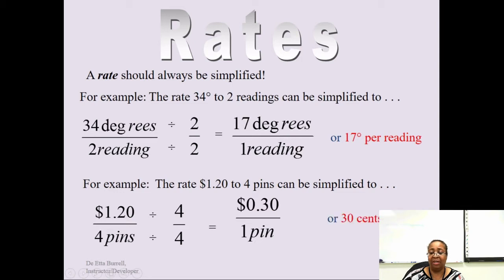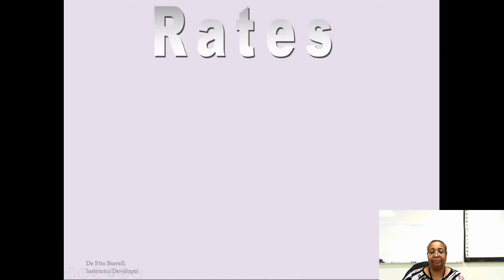And we would actually say it as 30 cents per pen, or 30 cents for each pen. Now remember, in a ratio, if the numerator and denominator are measured in different units, then the ratio is called a rate. Write your rates in the order stated in the question.